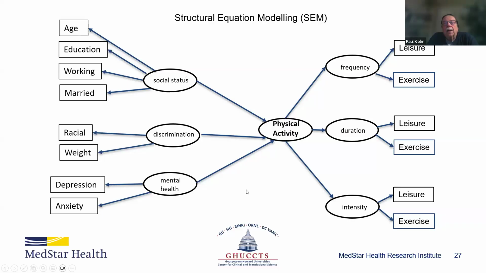Now when we do this model, it's actually quite a bit of work, because we have to check whether these three latent variables are properly defined by these observed variables. So we have to check out our measurement model with these. Then we have to check our measurement model, whether these three can actually be used to define a latent variable that we call physical activity. And then we have to do the same on the left-hand side.